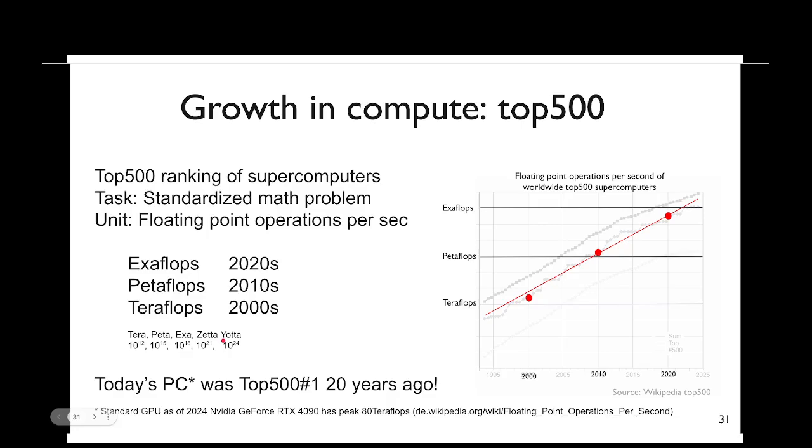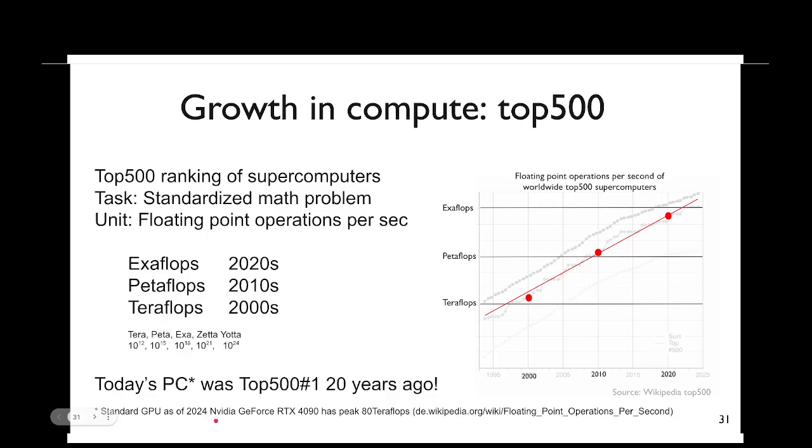I think that a rough constant in this crazy development is that the largest computer is typically around $150 million. That means the largest supercomputer 20 years ago was $150 million, and it could do teraflops.